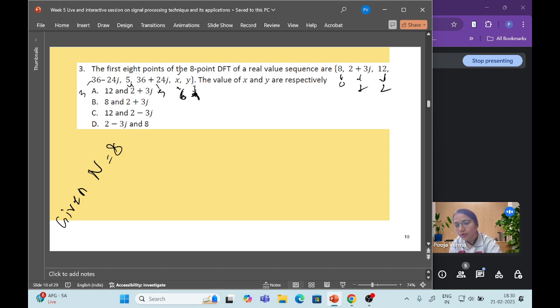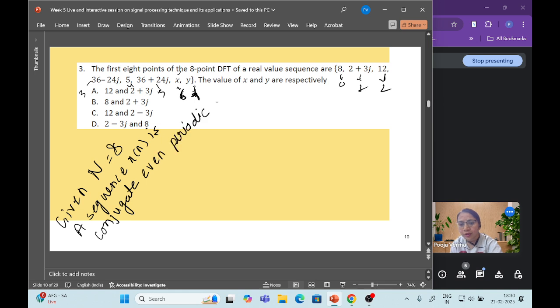From the property of the DFT, a sequence x of n is conjugate even periodic if x of n is equal to x conjugate of n minus n.